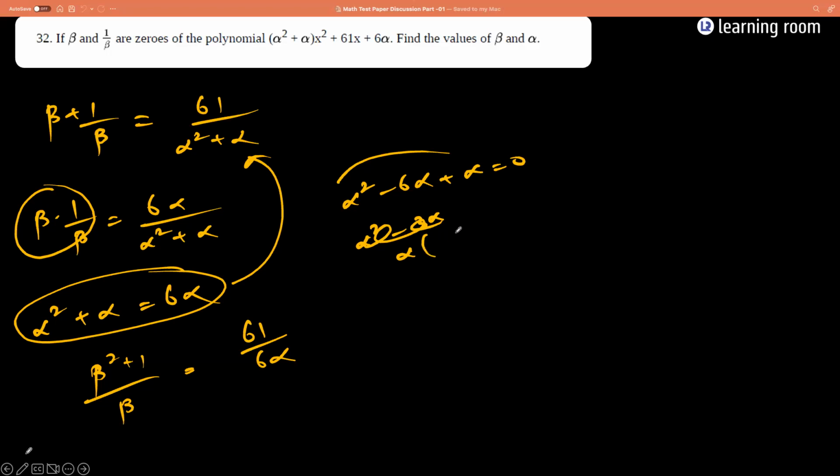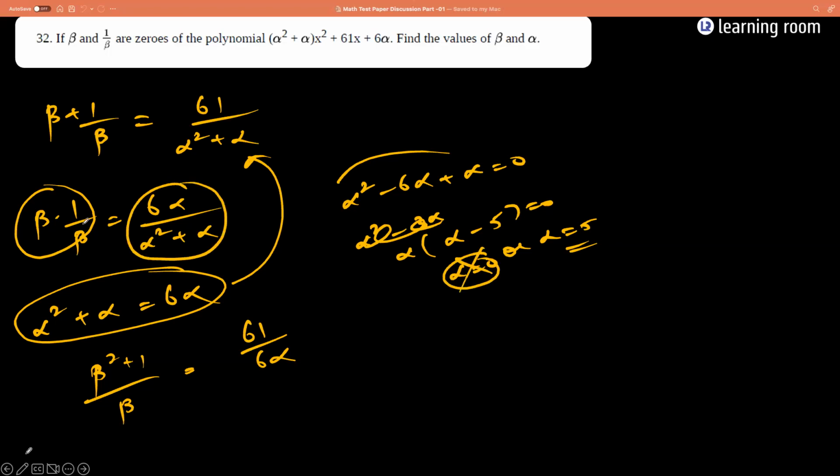Alpha into alpha minus 5 is equal to 0. So alpha is equal to 0 or alpha is equal to 5. Is there any doubt? So alpha cannot be 0. Why? Because it is coming in the denominator. If alpha is 0, then the coefficient of x square will be 0. It cannot happen. It will not be a quadratic polynomial. So alpha is equal to 5.